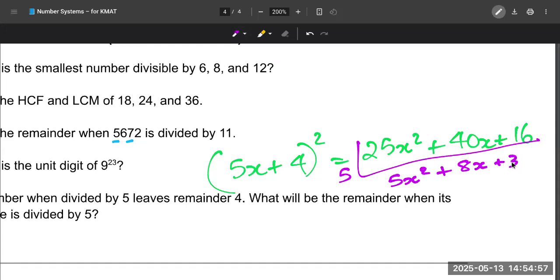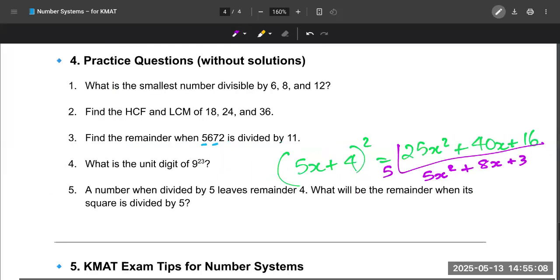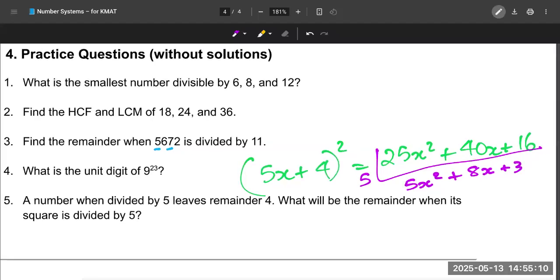What did you get? It was 5x plus 8x plus 3. So 3 is the remainder.